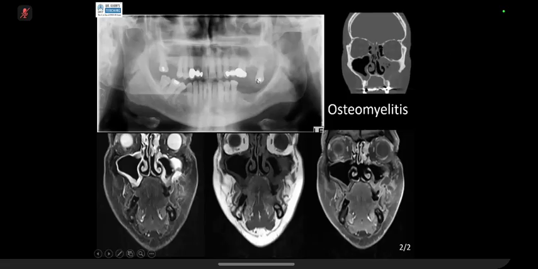There is a lucent area in the left inferior aspect, around the upper lateral maxilla. There's a soft tissue opacification of the left maxillary sinus.